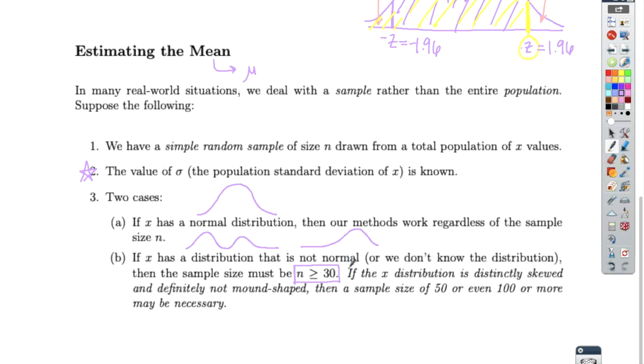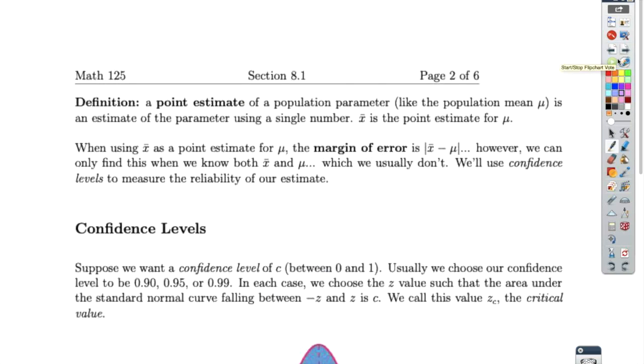Now, just a note here, we won't really see this in this class, but if the distribution that you're dealing with is really, really bad, very skewed or definitely not mound shaped at all, then sometimes you have to have an even larger sample, like 50 or 100. But for us, 30 is the cutoff. We won't deal with anything that's too terrible.